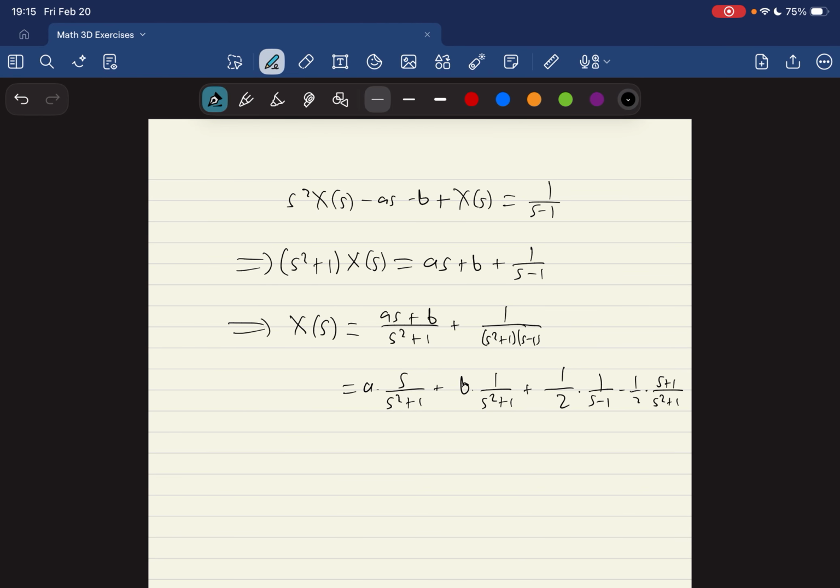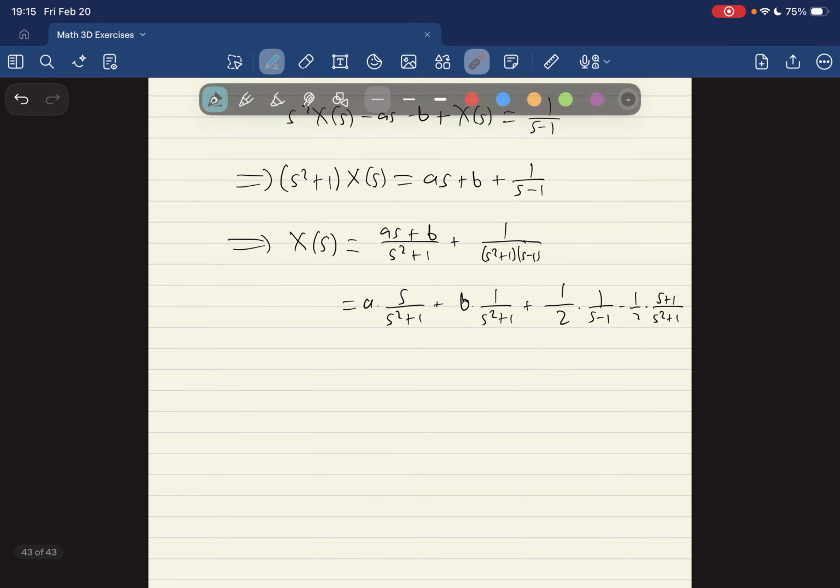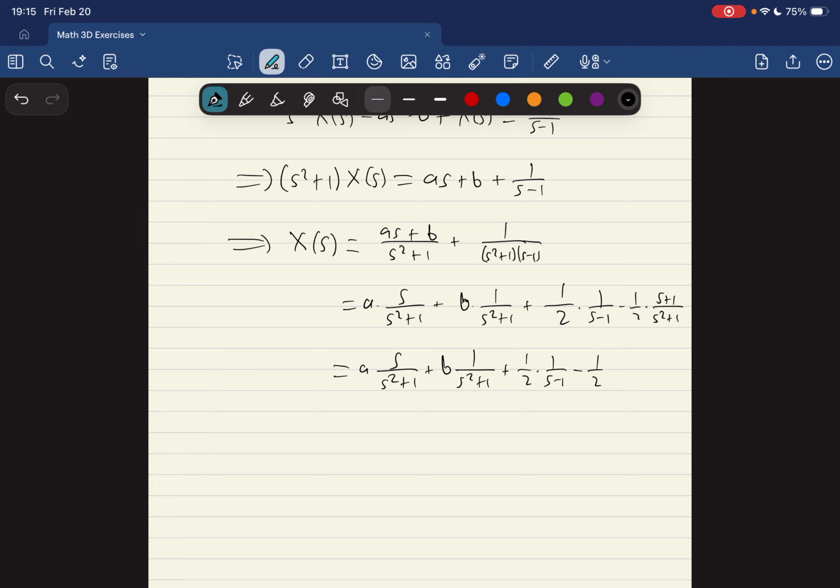Okay. And now we just need to split up this right side. So this will be as over s squared plus 1 plus b times 1 over s squared plus 1 plus 1/2 times 1 over s minus 1. And then we have minus 1/2 times s over s squared plus 1 minus 1/2 times 1 over s squared plus 1.